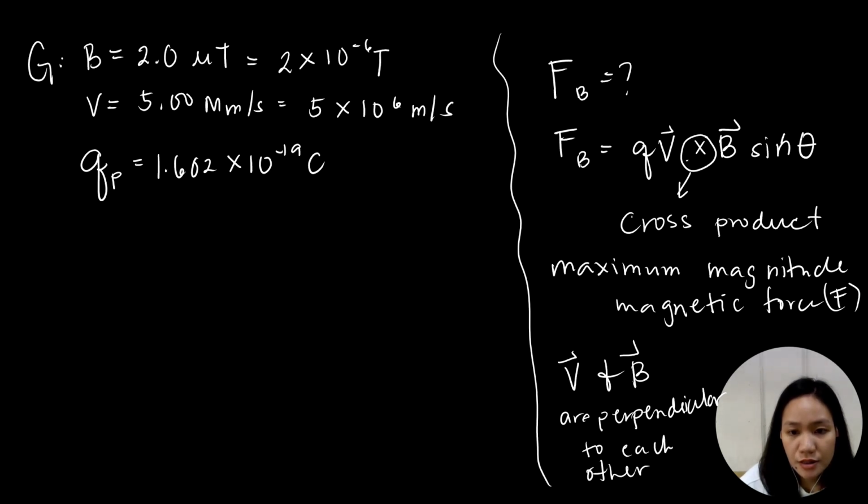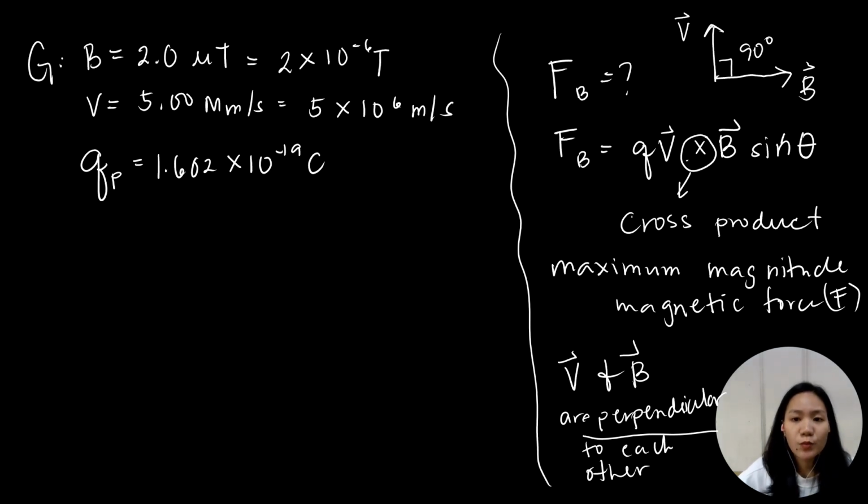A particle moving in a magnetic field will experience a maximum magnetic force if its velocity is exactly perpendicular to the direction of the magnetic field. And when we say perpendicular, it means that the angle created by the magnetic field B and velocity V is 90 degrees.